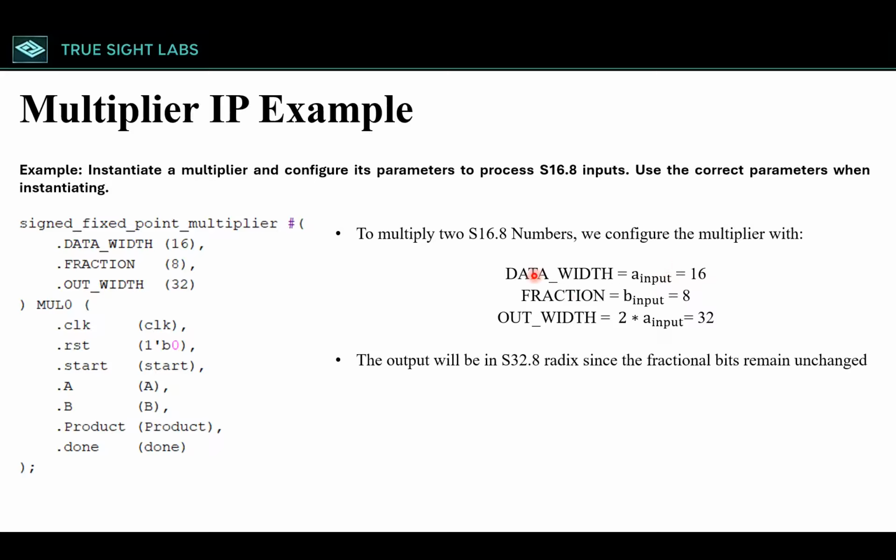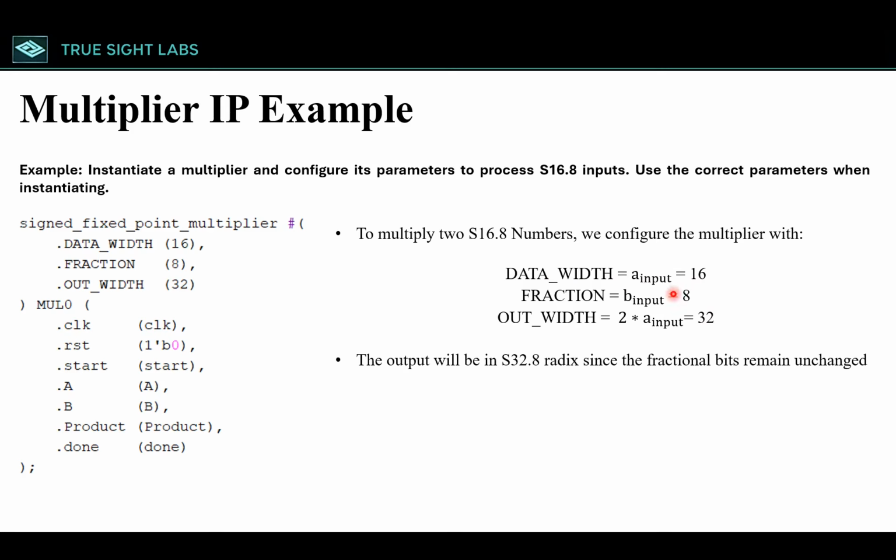It's S16.8, A is 16, so our data width is 16. 8 was our B value, that was our fraction. So we configure the multiplier to have 8 for its fractional parameter. And the output width needs to have its parameter configured to 2 times A, and 2 times 16 is 32.